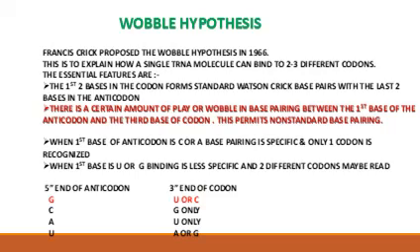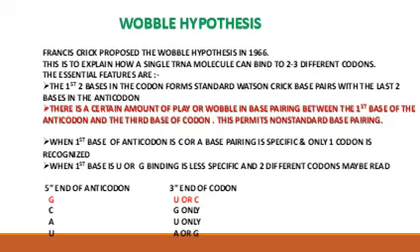Now, the essential features of his hypothesis are: first, the first two bases in the codon form standard Watson-Crick base pairs with the last two bases in the anticodon. But there is a certain amount of play or wobble or flexibility in the base pairing between the first base of the anticodon and the third base of the codon. This permits non-standard base pairing.